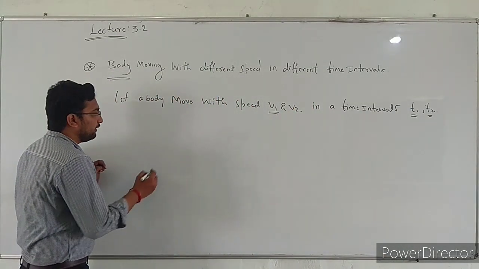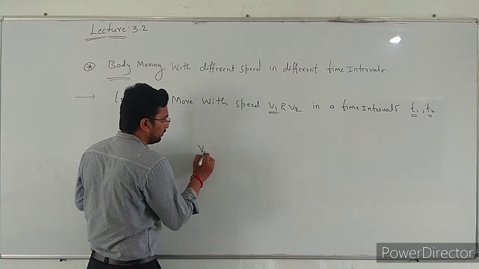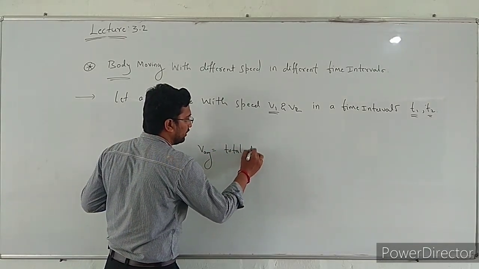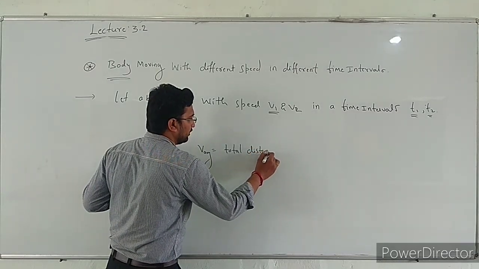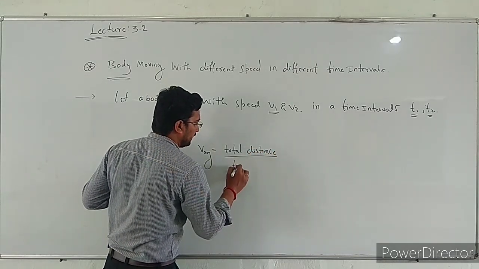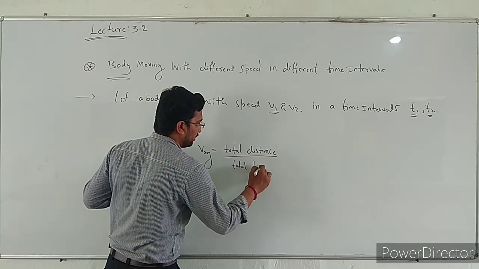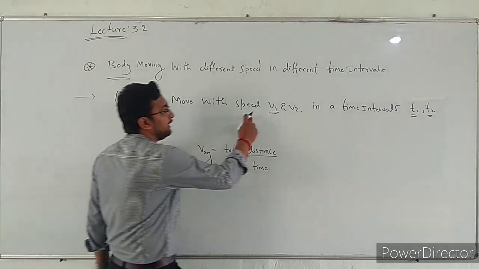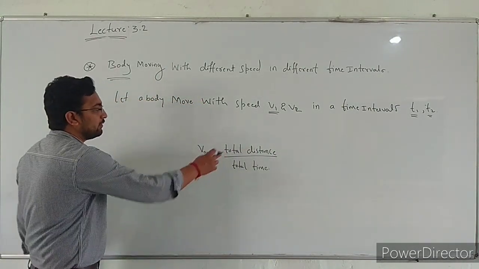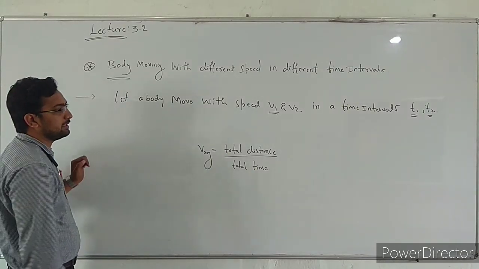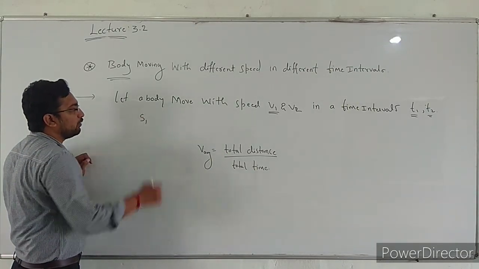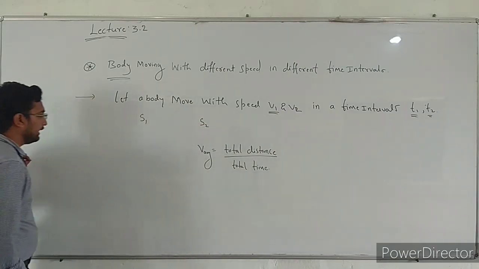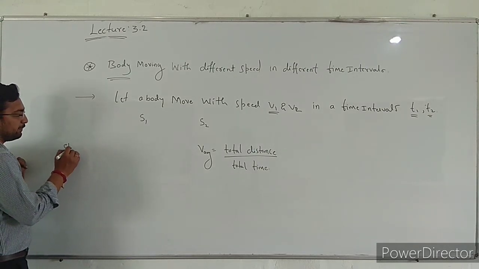Already we know the formula to calculate average speed: total distance by total time taken. In this case, speed and time intervals are given, so first we have to calculate the total distance, that is, the distances S1 and S2.